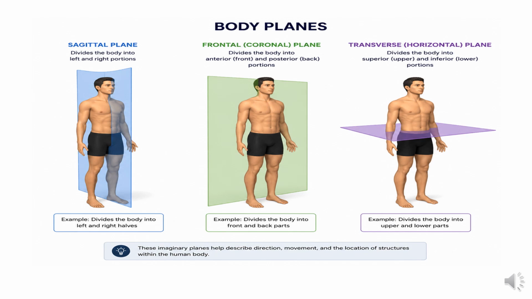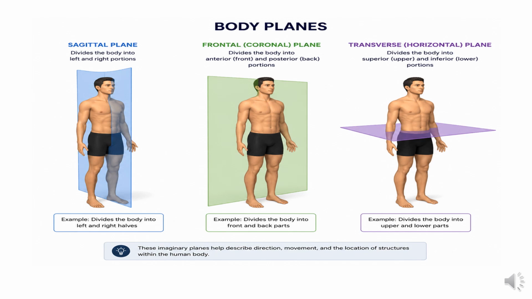The first picture, this one, is a vertical plane running right down the exact center of the body. It cuts the body into perfectly equal right and left halves and is called a sagittal plane. The second picture is of the coronal or frontal plane. This is a vertical plane that cuts the body from side to side.